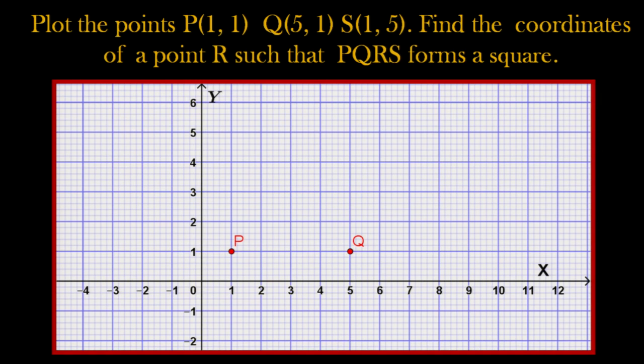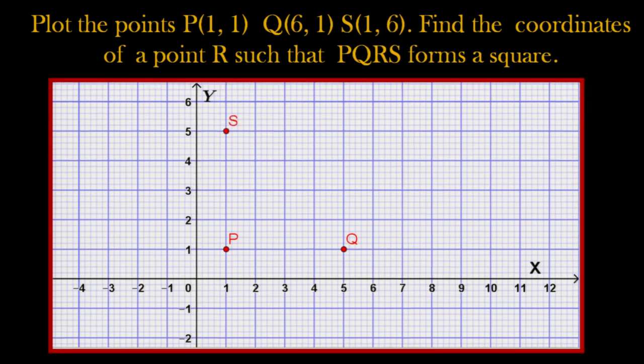Therefore we have to go 1 unit along the x-axis, then 5 units along the y-axis. So this is S. Now we have to search for the point R, because P, Q, S are given.